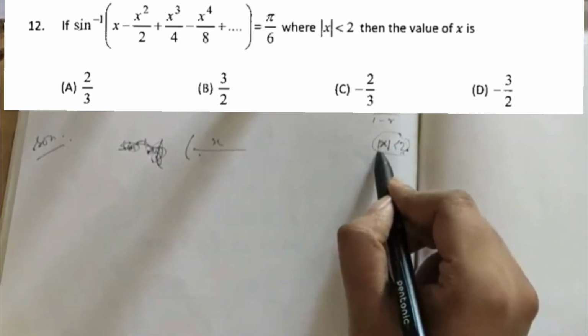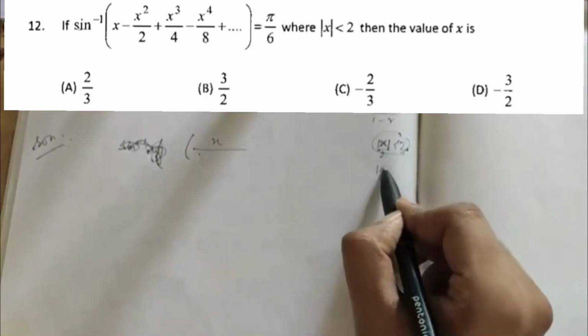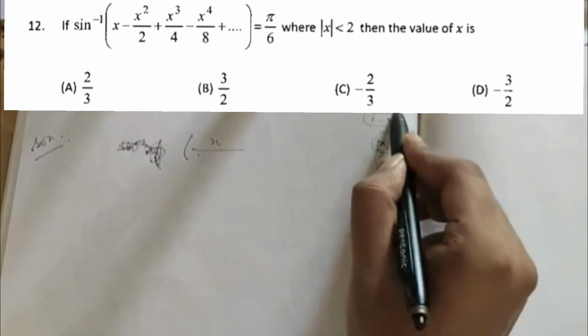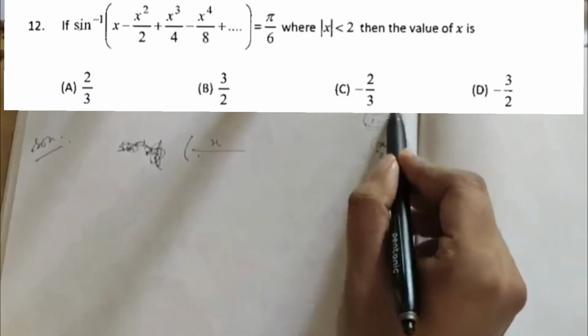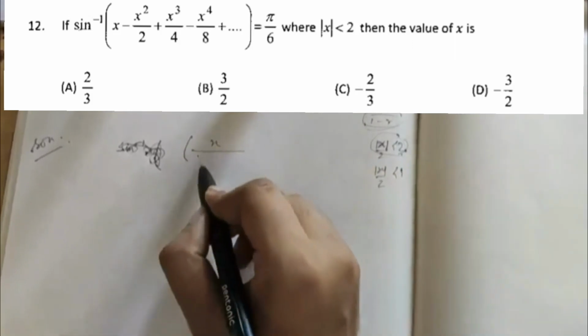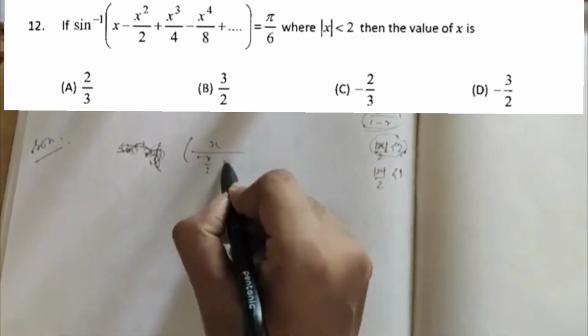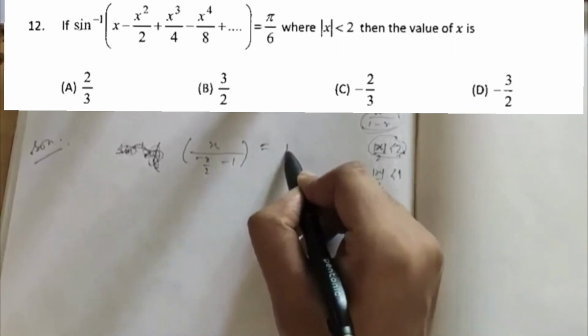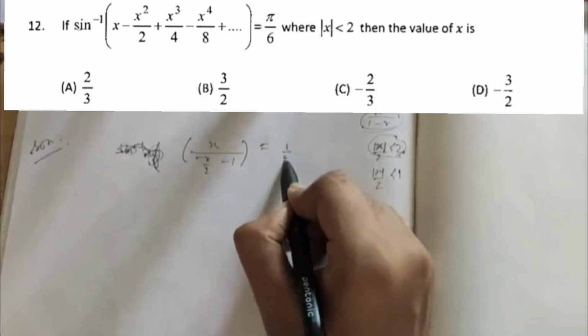If mod of x is less than 2, then mod of x by 2 will be less than 1. So in that case the formula is a by 1 minus r, and I take it as x by 1 plus x by 2, which equals sine of pi by 6. Sine of pi by 6 is half.